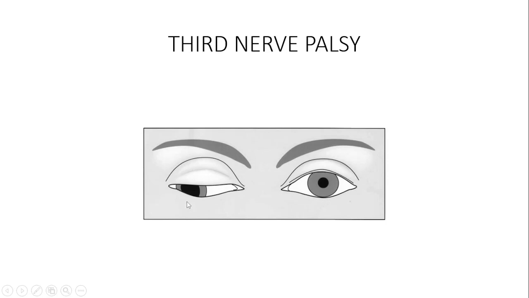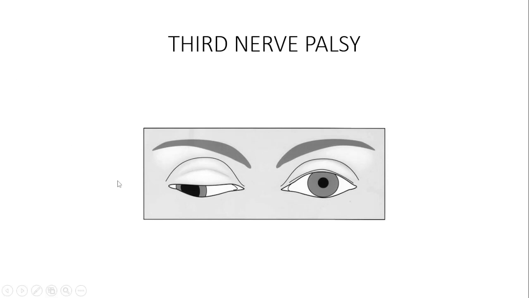But it serves the constrictor pupillae muscle. Alright? Of course, we talk about also another muscle, which itself is what? The ciliary muscle of accommodation. So today, let us talk about the features of third cranial nerve palsy.